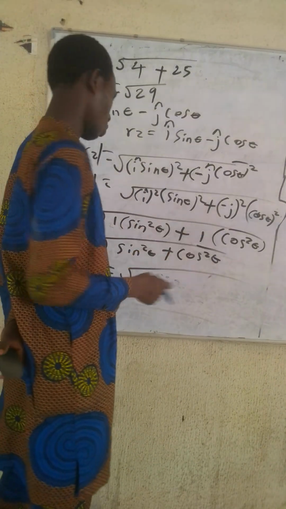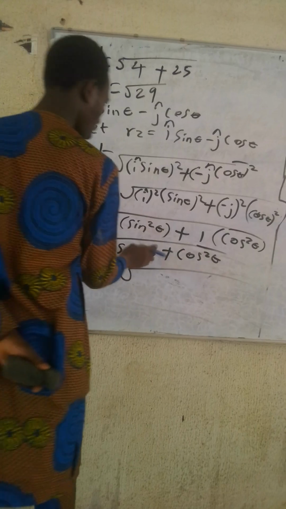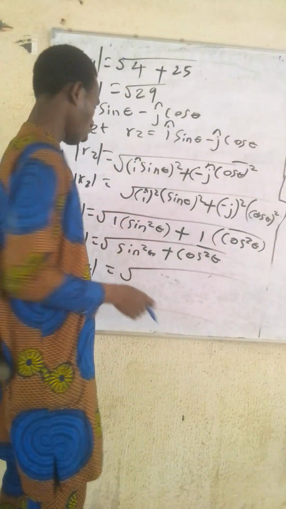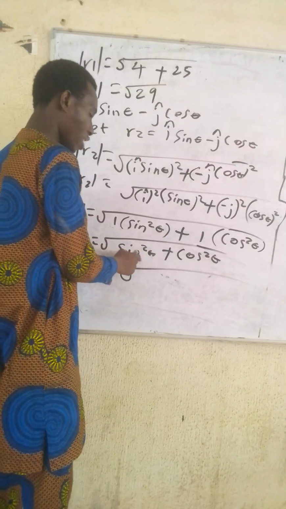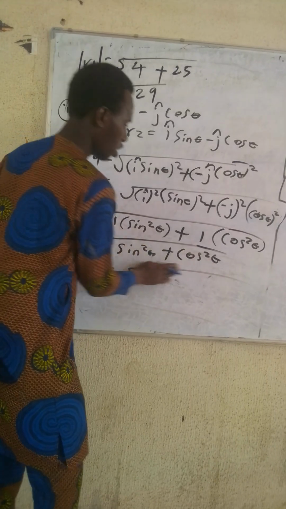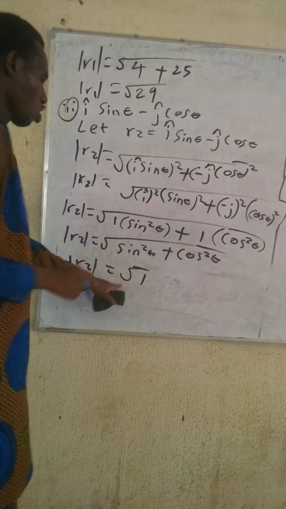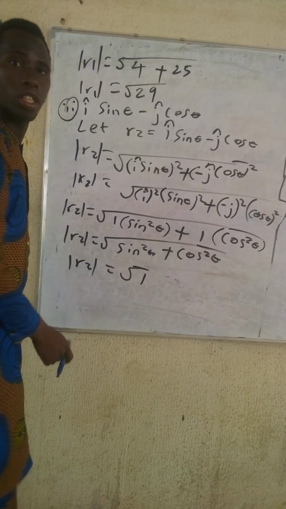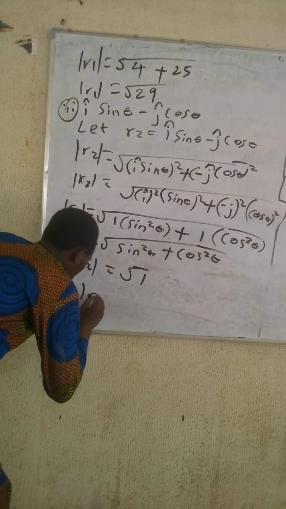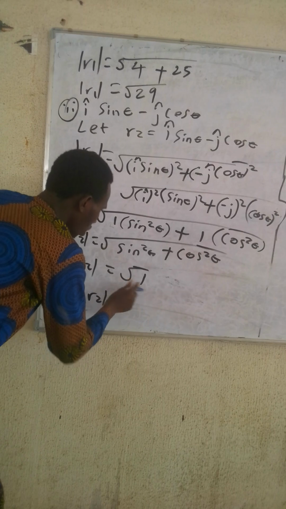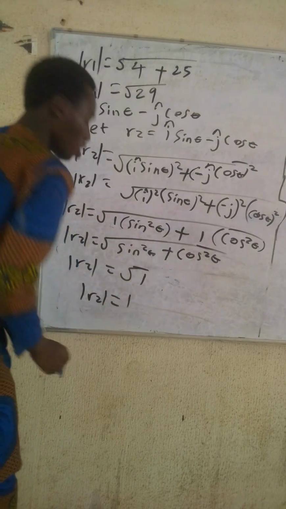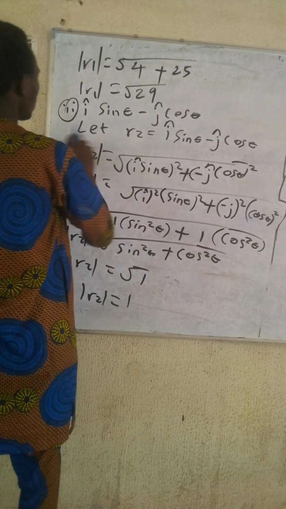According to the trigonometric identity, sine squared theta plus cos squared theta is definitely 1. So we have the square root of 1. So the modulus of R2 is the square root of 1, which is 1. This is the solution to this given problem.